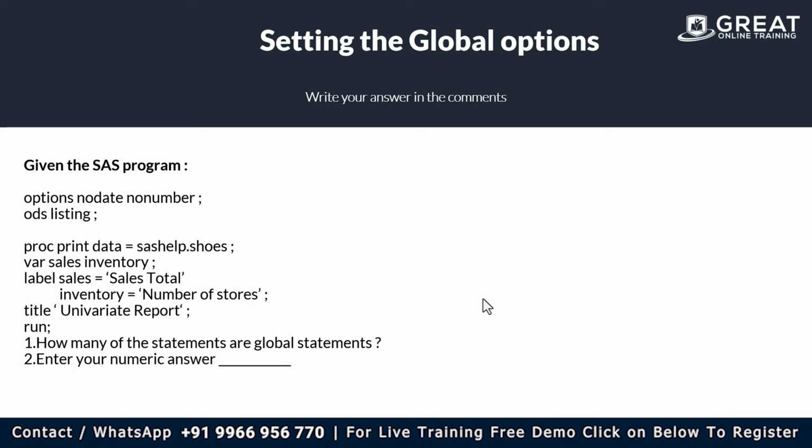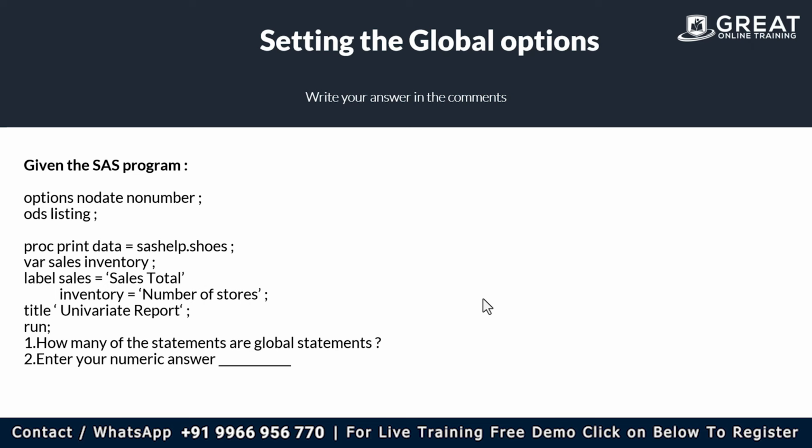So now the question is, in this particular sas.choose data set, how many of the statements are global statements? In this list of programs, how many are global options? Enter the numeric answer. So what is your answer here?